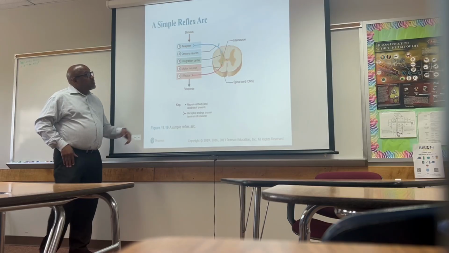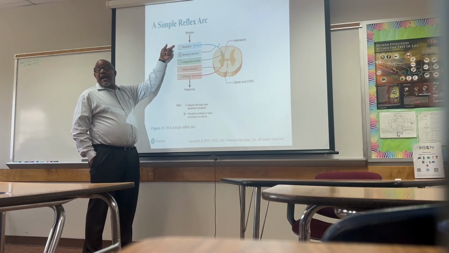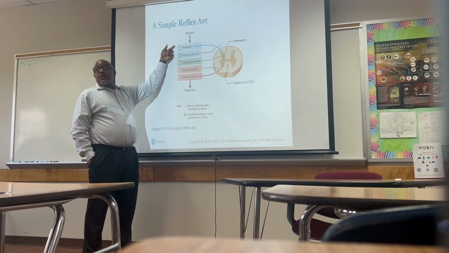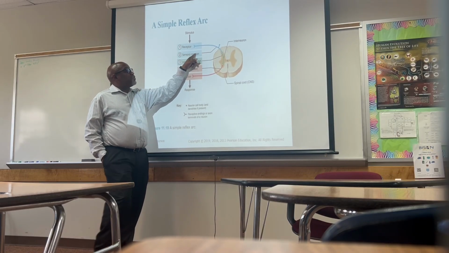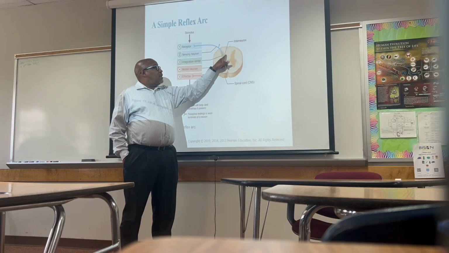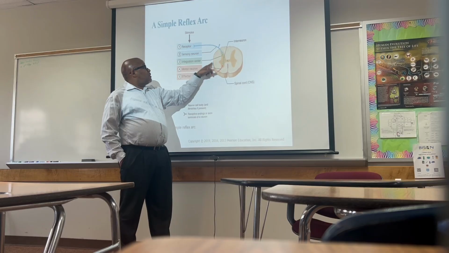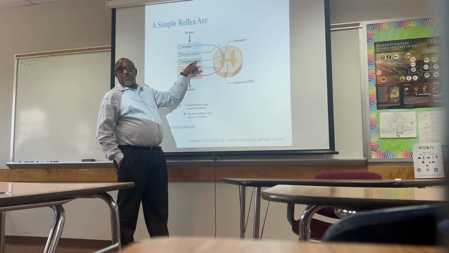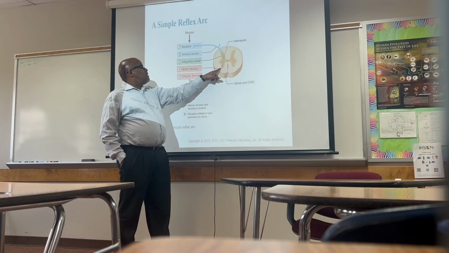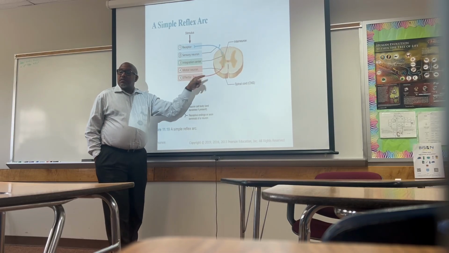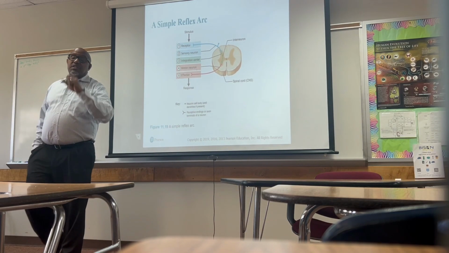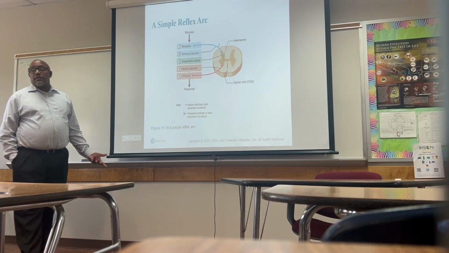There's the receptor, the eye, that sees the glass of water. Then the signal has to travel on a sensory neuron, afferent, into this little brown region, which is the central nervous system. Here, there's the interneuron, which is the integration, that's step 3. Then a motor neuron goes to the muscle to tell the muscles to reach out, grab a glass of water, drink a glass of water.